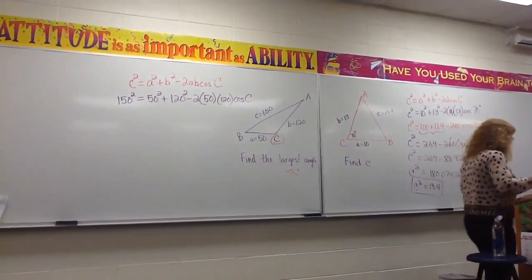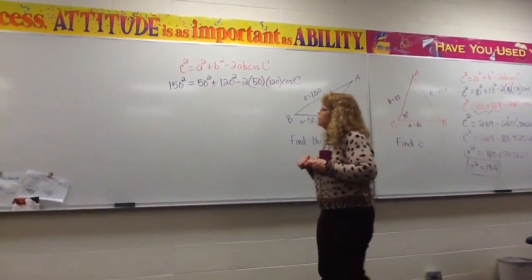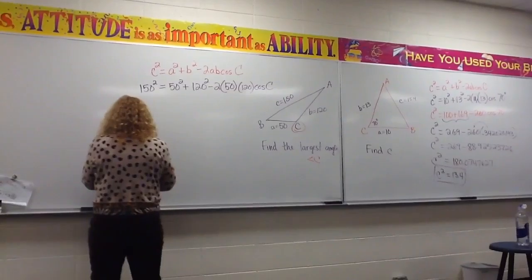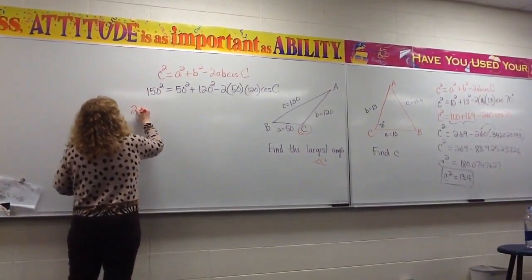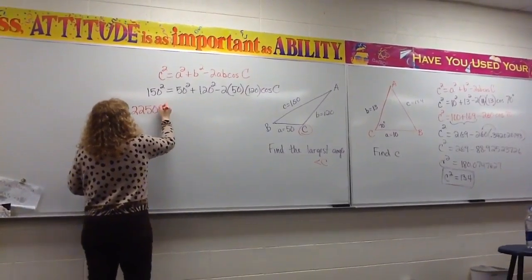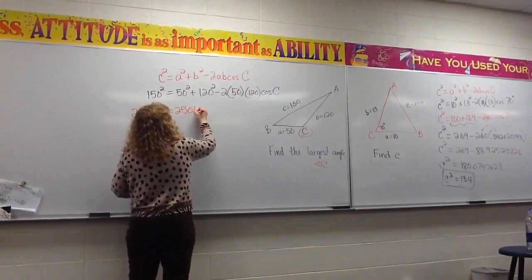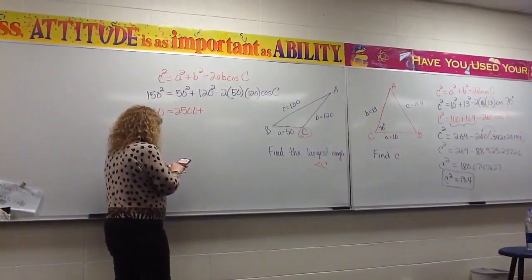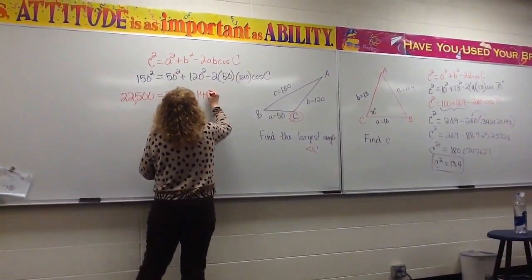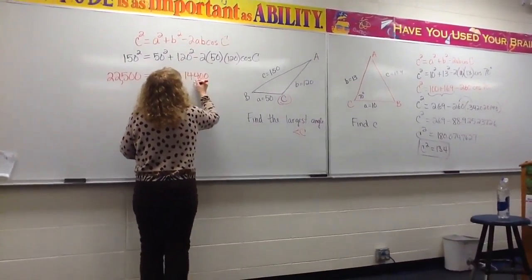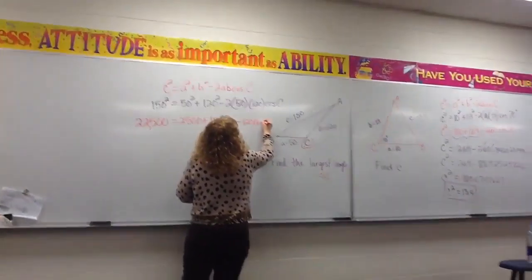Oh, yeah. Now I need to square. 150 squared, 22,500. Double check me. Yeah, that's what I got. 22,500. This one I know. That one I don't. 14,400 minus 120.